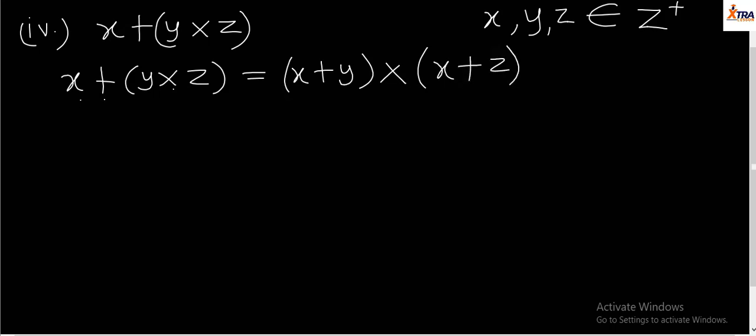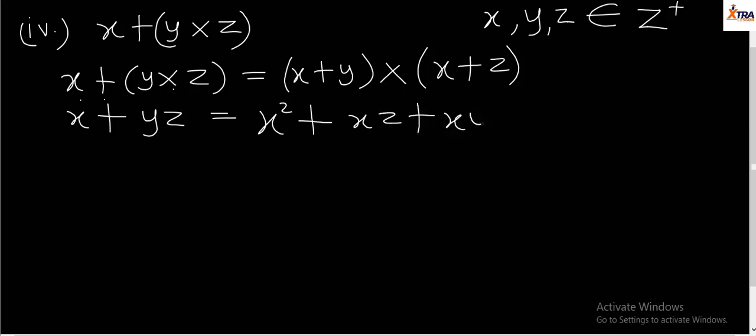Now I have to determine if these two are equal, and then expanding this one I have x plus yz, expanding the other I will have x squared plus xz plus xy plus yz. So this is what I have here, and then I realized that these two are totally different.